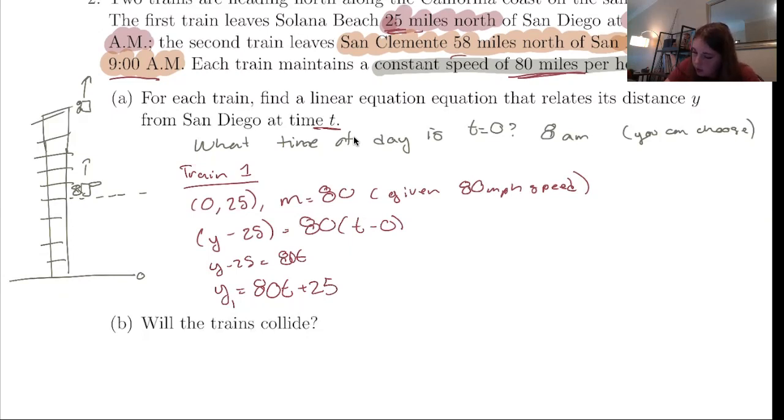So for train 2, I'm told that each train is at it. So I already know that m equals 80, but what's my point for train 2? It's 58 miles north of San Diego at 9 a.m. I made t equals 0 at 8 a.m., and then we're just assuming every increment is an hour.